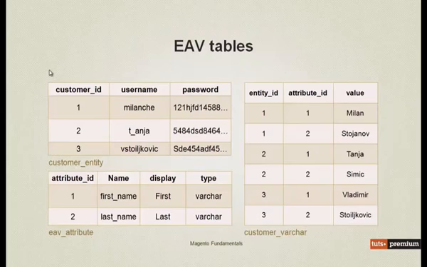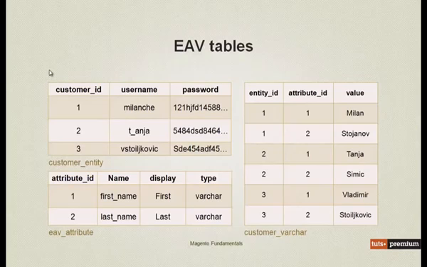So in this table you store attributes that any of the customer entity may have, and you can see that adding a new attribute simply involves adding a new record in the EAV attribute table, so no need for table altering in order to add a new column, which you would actually do in the traditional approach. And then in the third table we can see the content itself for a particular attribute on a particular entity. And that's EAV in a nutshell.